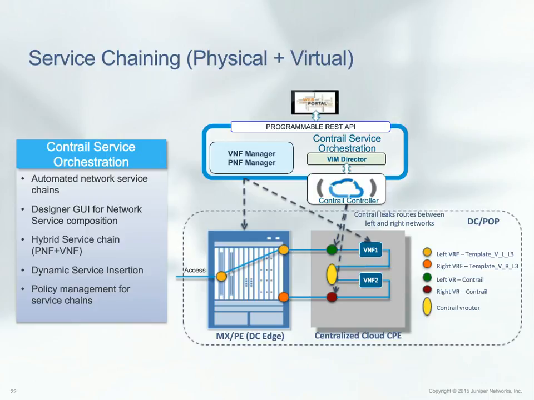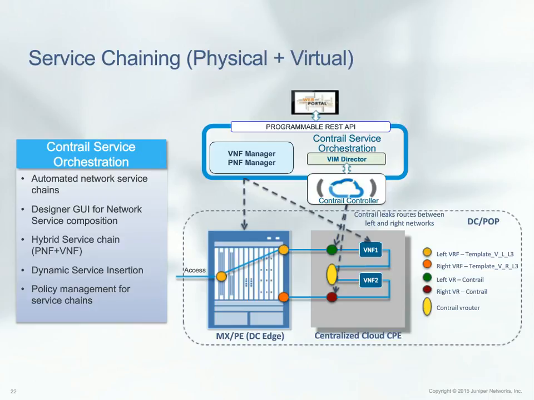So on the left, we have the MX, really your edge platform. So let's say this is in your POP location, and then we want to chain that across a set of services that the customer has ordered. And in between that, there might be certain policies and security enforcement rule sets that need to be placed so that we adhere to certain demarcation points that need to exist between certain applications.